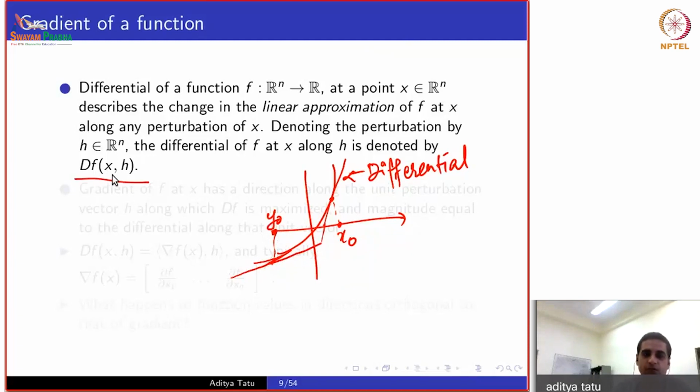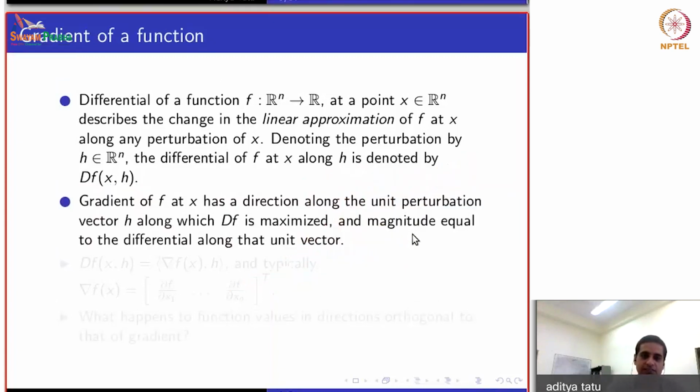Df x means at what point x are you trying to linearly approximate this function, and h is, if I deviate from this x0 by a small step, let's call it h, then the differential of f at x with the value h gives you how much the linear approximation to the function has changed. Once you have the differential, using the differential you can define the gradient.